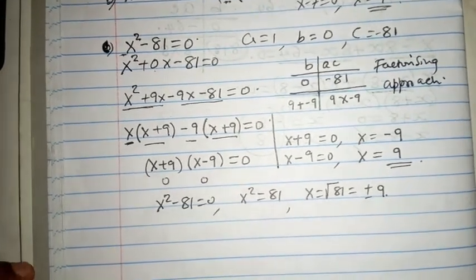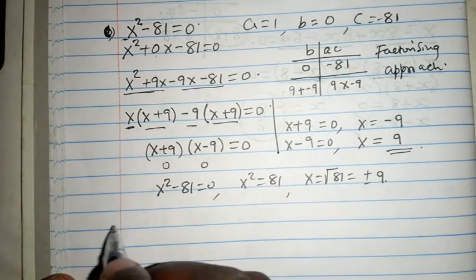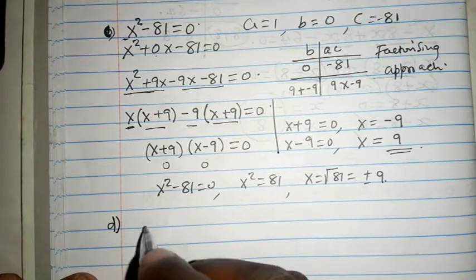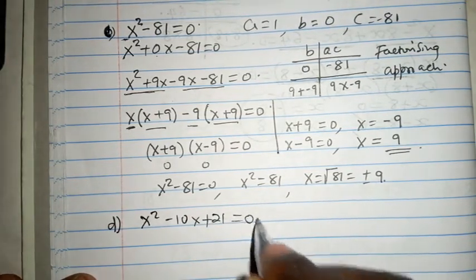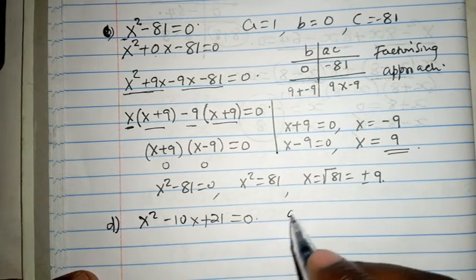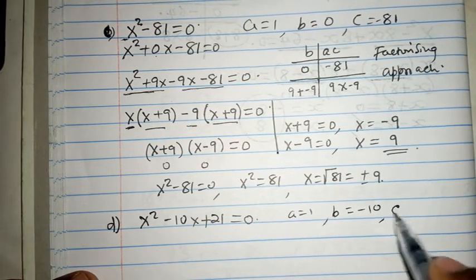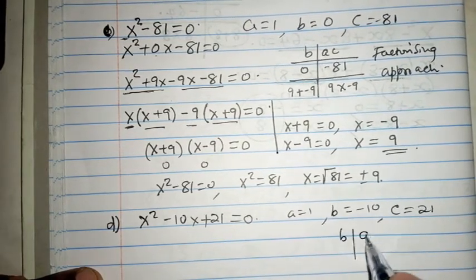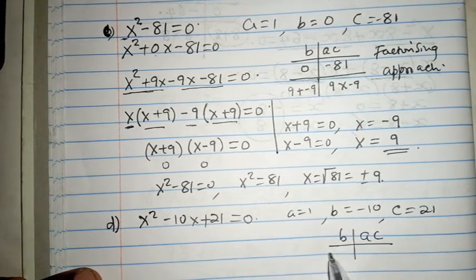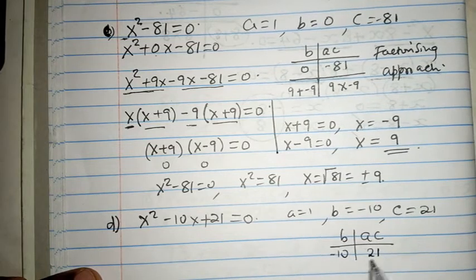solving quadratic equations. And before we leave that, I would want to explain something to do with x squared minus 10x plus 21 is equal to 0. In this case, a is equal to 1, you can see, b is equal to minus 10, and c is equal to 21. So if we give it the BAC approach, you're going to have minus 10, and 1 times 21 is 21.